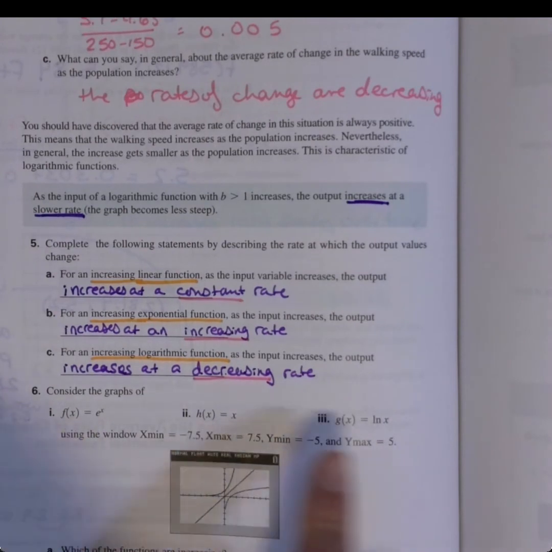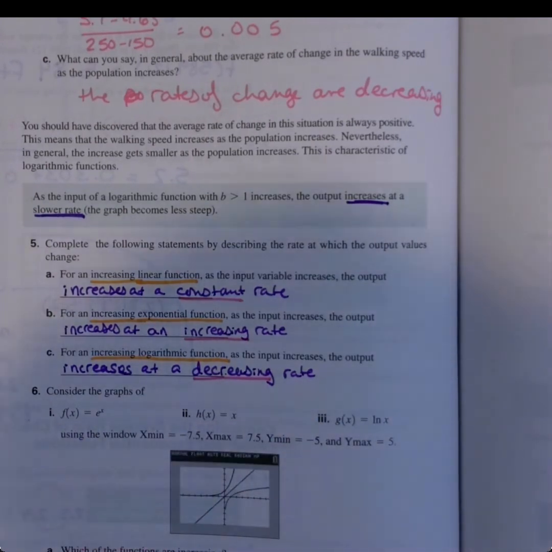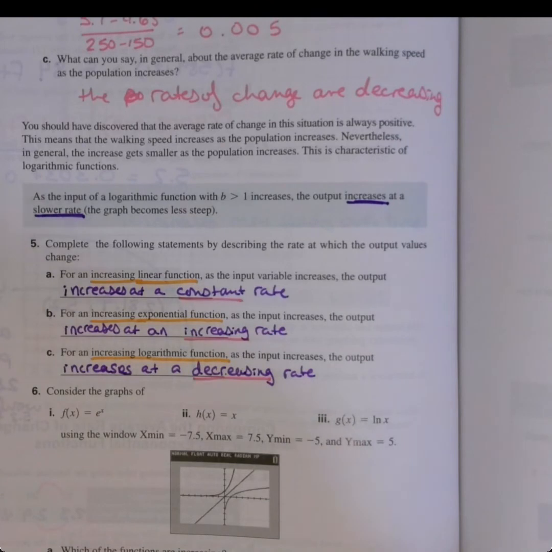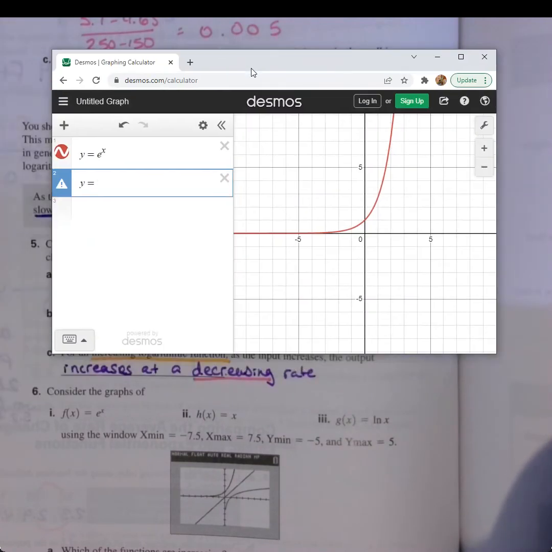Consider the graphs of these three functions. We looked at these graphs in the last section about inverses, looking at e to the x. I guess I can name them as they've done with f of x instead of y.